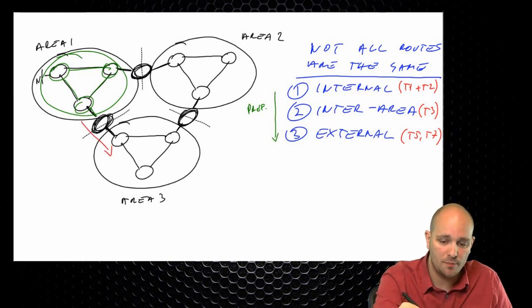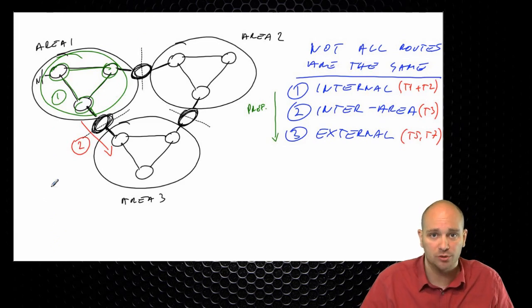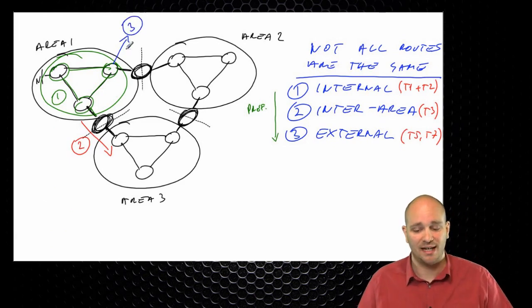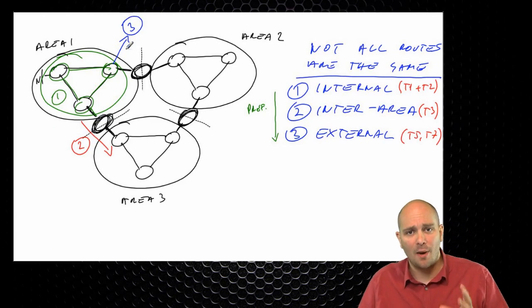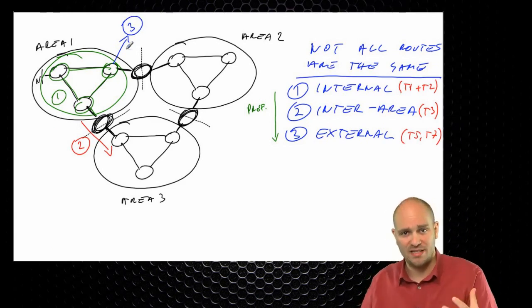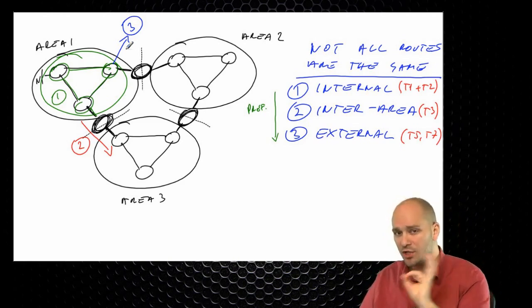So this is going to be preference number 1, keep the traffic local, and only if I don't have the internal route, only then am I going to send it out of my area, and only if I don't have that, I will send the traffic outside of my autonomous system, outside my OSPF domain. So the route preference here helps just a little bit.